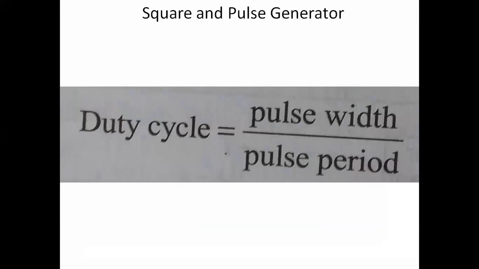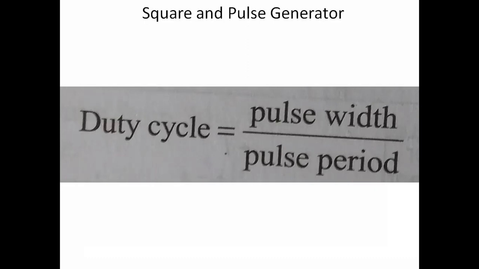Coming to the next one, the square and pulse generator. The difference between square wave and pulse outputs is only the duty cycle.